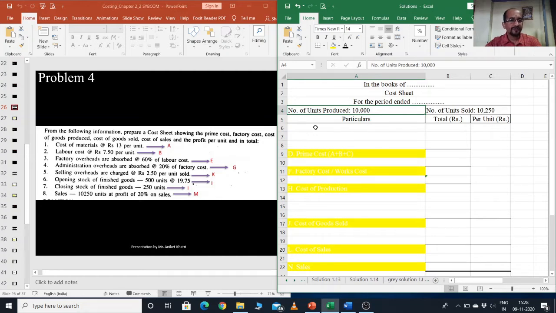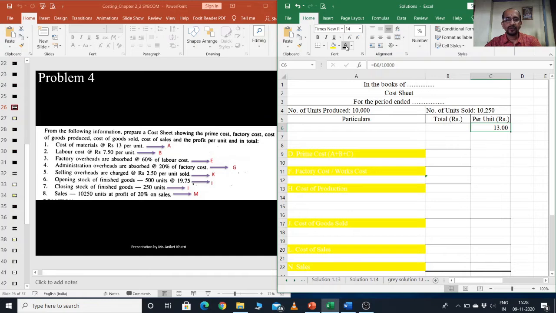So first, cost of materials at 13 per unit. In previous videos, in previous problems, to find out the per unit, we divided the total amount by the number of units produced, right? But here they have already given per unit, so it is 13.